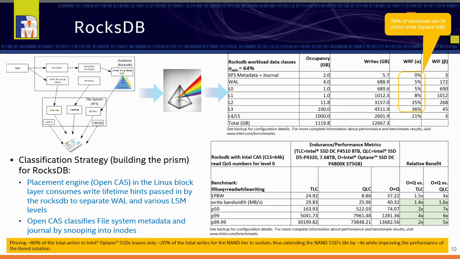We used Open Cache Acceleration Software to interpret that hint and put data accordingly to it, either on Optane or on backend storage, in this case QLC. Thanks to that, we are able to achieve better endurance, better performance, both in terms of bandwidth and latency, both average and tail.